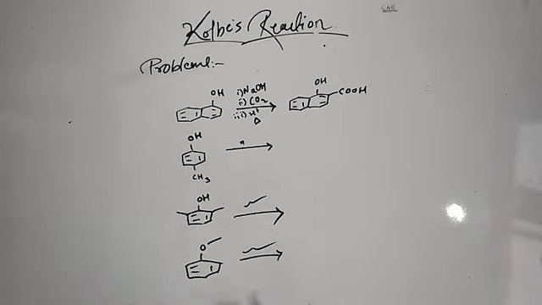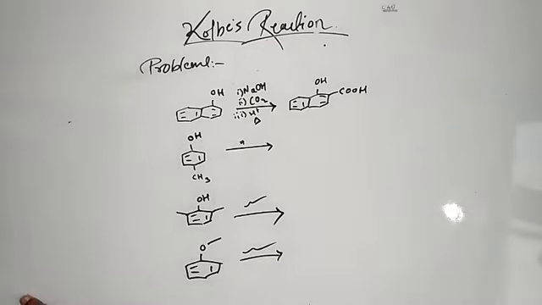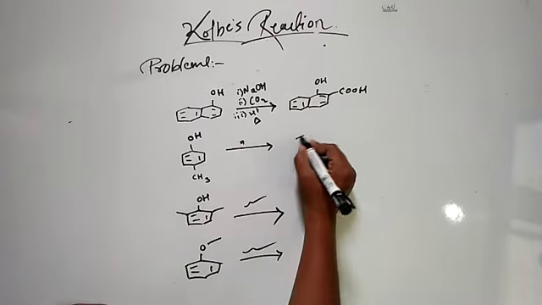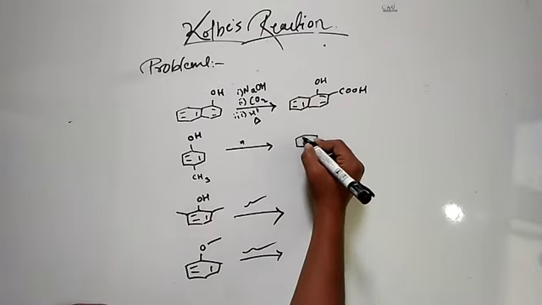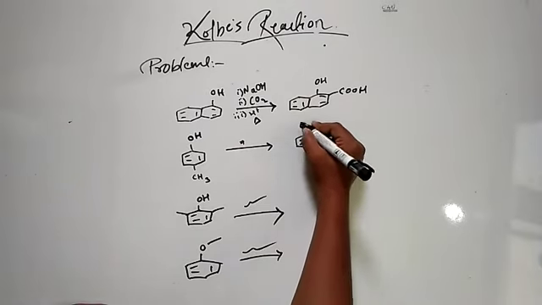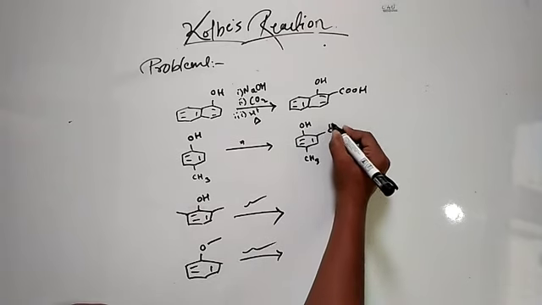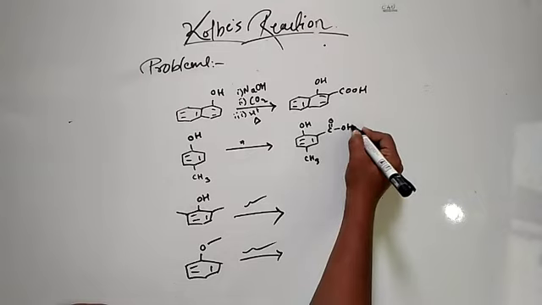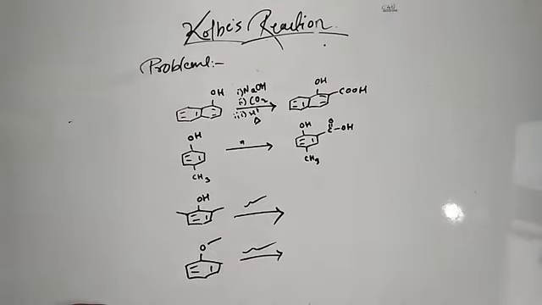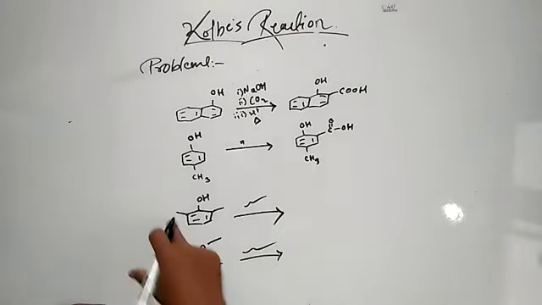So the second thing, you are with cresol. In this case also you'll get the ortho product only, OH, CH3. The reason for getting the ortho product is yet to be explained, I'll go for that here.